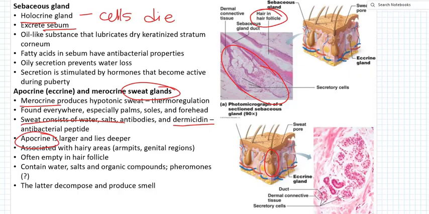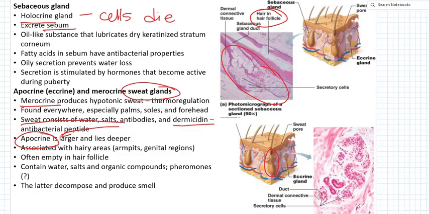Okay. Apocrine sweat. Apocrine sweat is produced by apocrine sweat glands that are located in the smelly areas, namely armpits and groin. And these glands, I don't have it here, but they become active around the time we hit puberty.